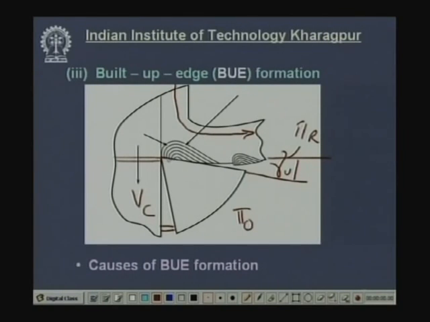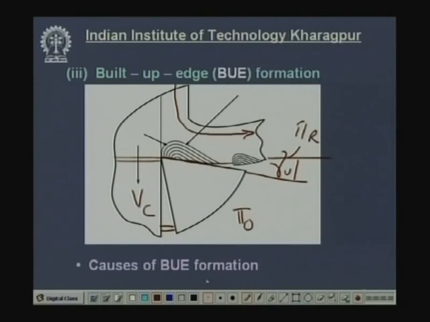Now, what about the chip tool interface? A lot of forces act there and cause stress, and because of the rubbing under high stress there is a lot of temperature. Besides that, these surfaces of contact or rubbing are nascent, very clean. So, on one hand these two metallic surfaces are clean, nascent, a lot of stress exists and high temperature prevails.